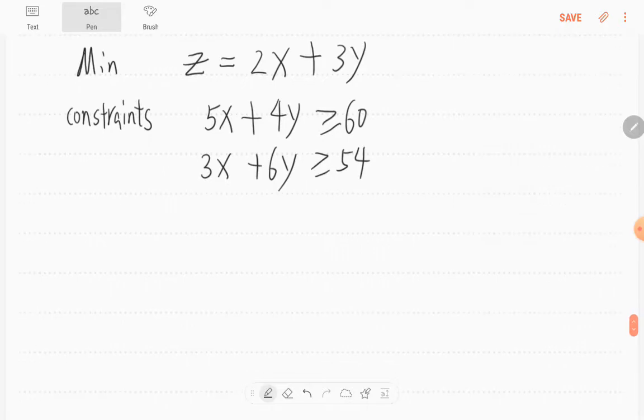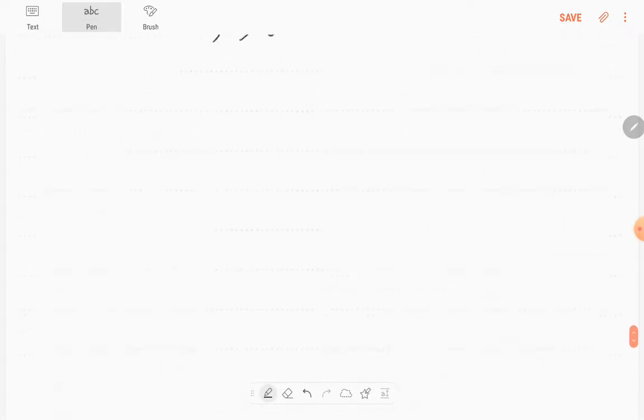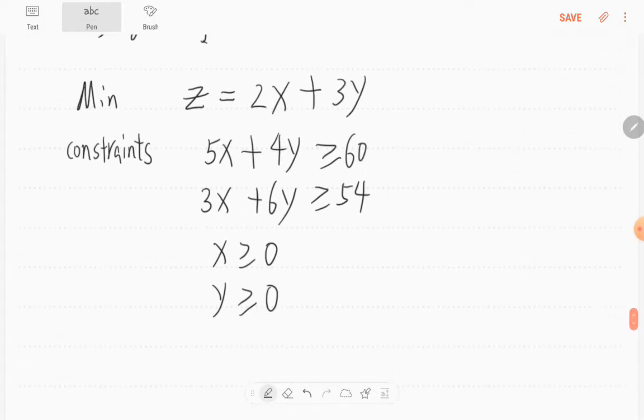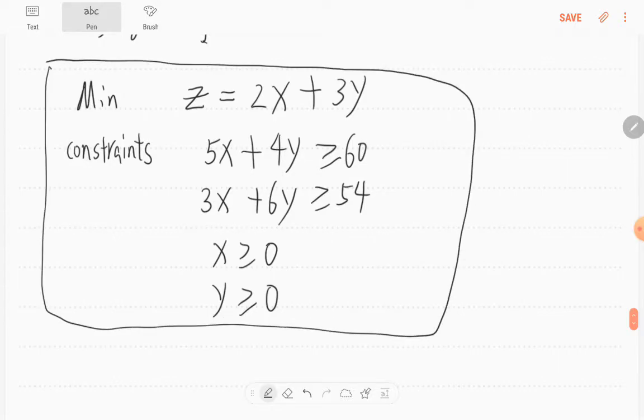Of course, because this is a real life problem, x should be greater than or equal to 0, and y should also be greater than or equal to 0, which is the first quadrant of the xy plane. So this is the setup for the linear programming problem. The first thing is you should set up this problem correctly, otherwise you cannot get the answer.